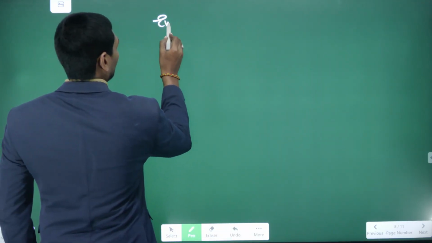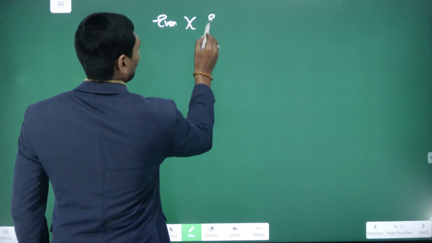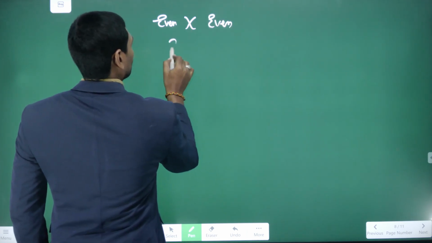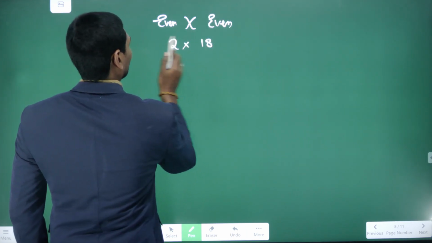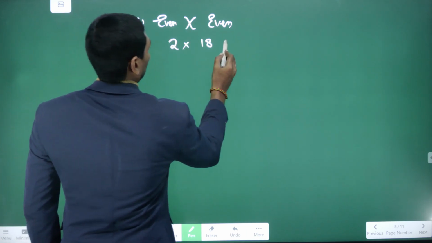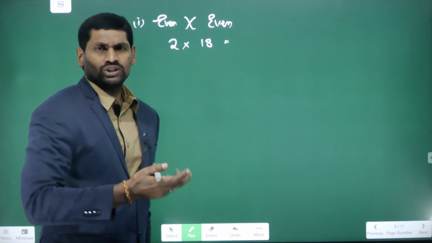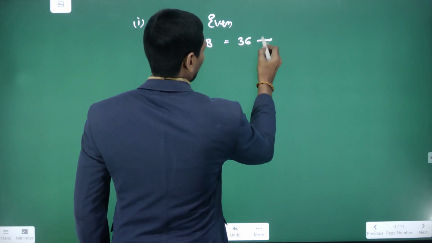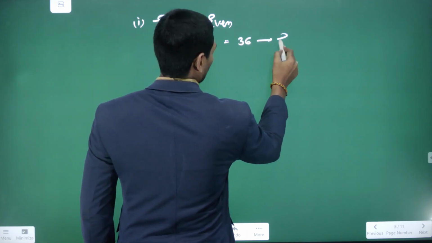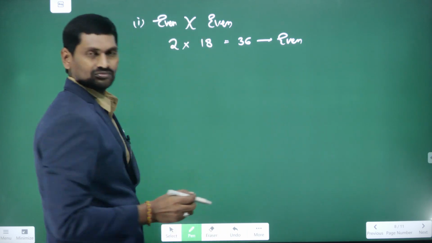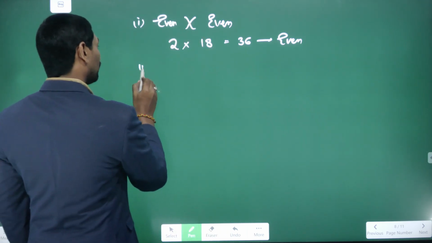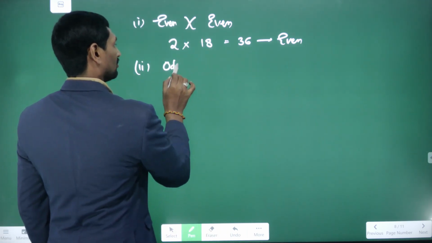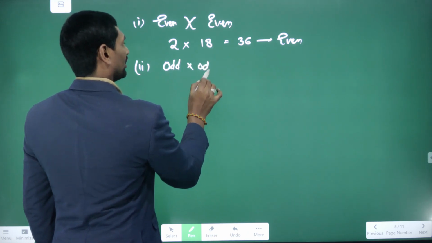Now even number into even number. Both even numbers we will take. First example, 2 into 18, or any two even numbers you can take. 2 18s are 36, which is exactly divisible by 2, so it is also an even number. The product of two odd numbers, odd number into odd number.